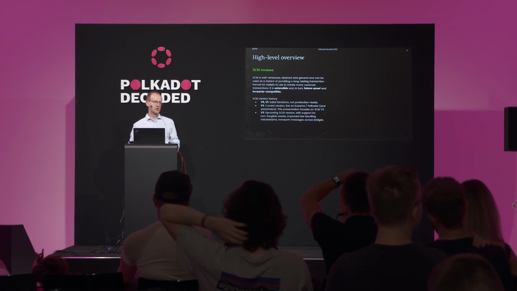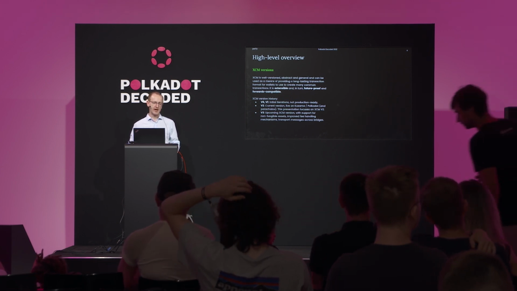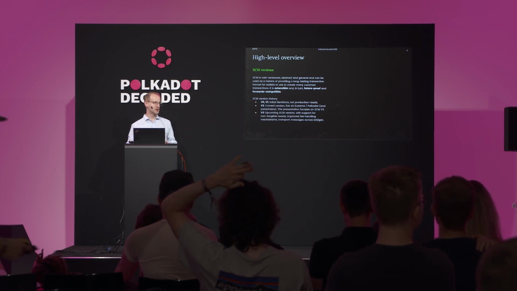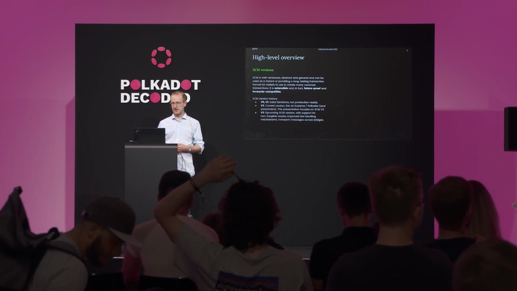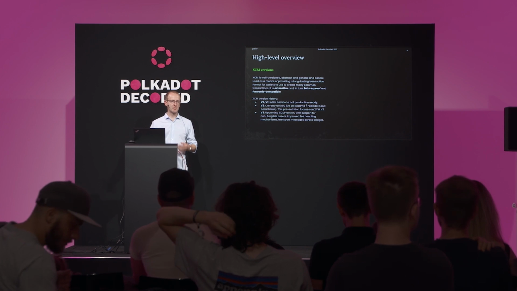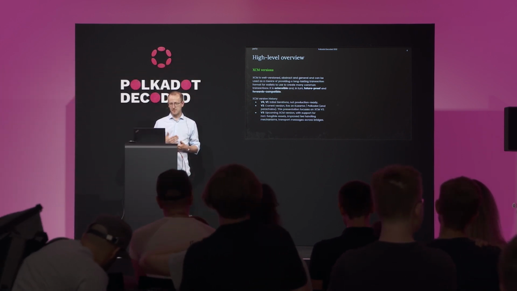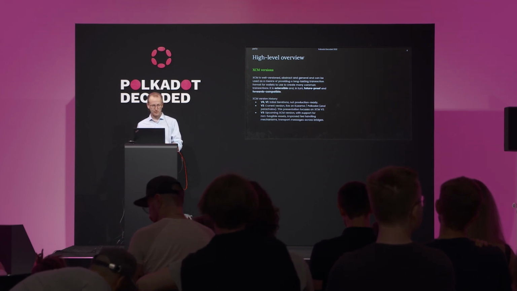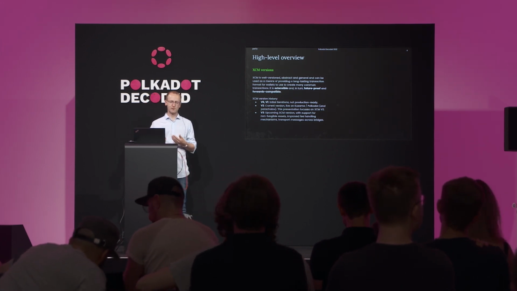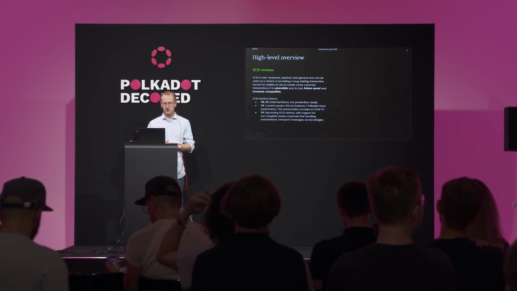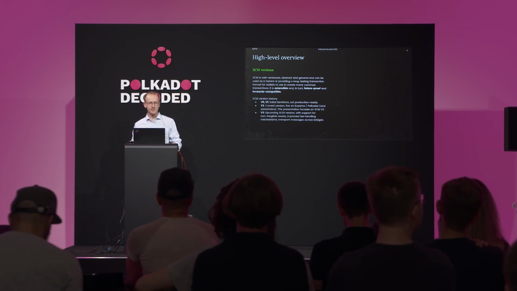Xcm is also a language that has good versioning, so it has to be future-proof and forward compatible. So we need to have proper versioning in that language. A little bit of history about the version. There were first initial versions V0 and V1 that were not really production ready.